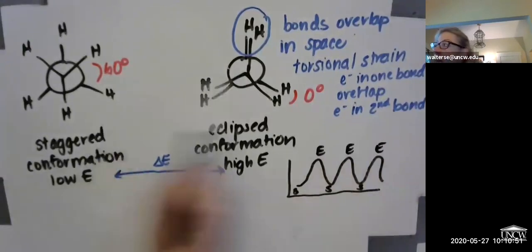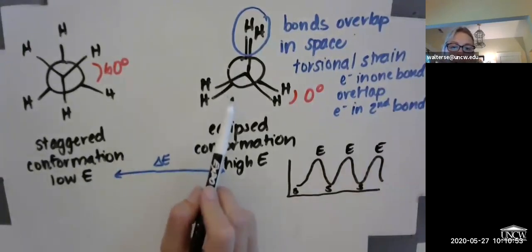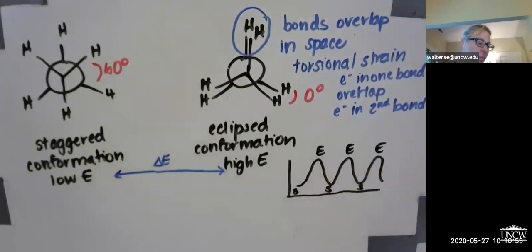You can't stop this free rotation from happening. There's enough ambient energy at room temperature and pressure for this to occur. Are there any questions about ethane before we add another carbon and look at propane?